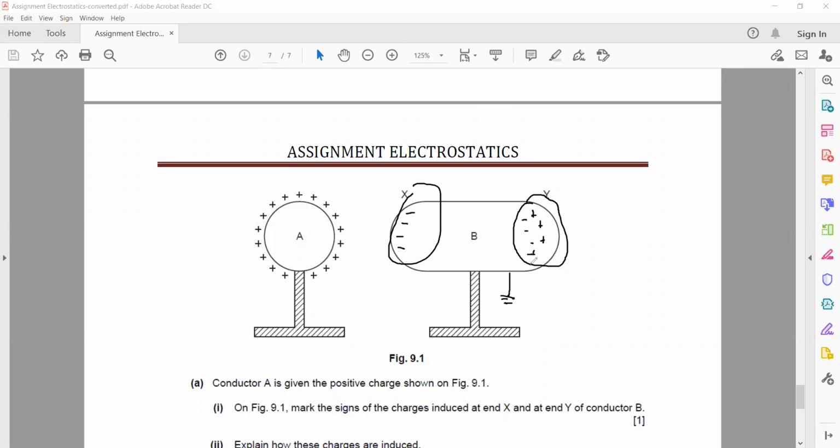Y will be 0, because electrons enter and neutralize the positive charge. Y will have zero or neutral charge, because an equal number of electrons enter to neutralize them. Is it clear? The electrons move from the earthing wire and neutralize the charges at Y. So the net charge on Y will be 0, and X already has a negative charge, so it remains negative.